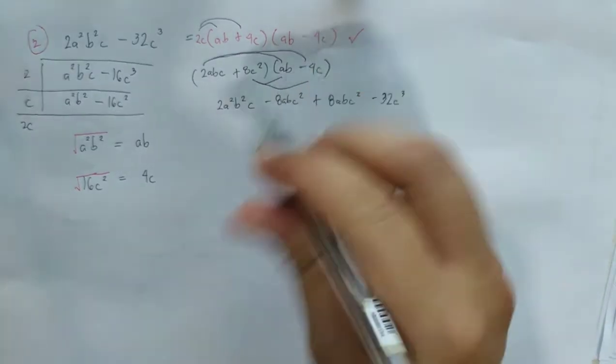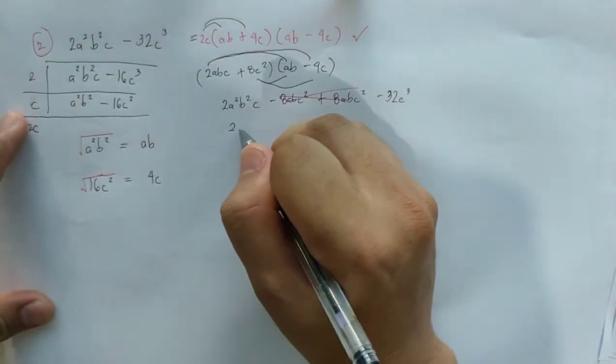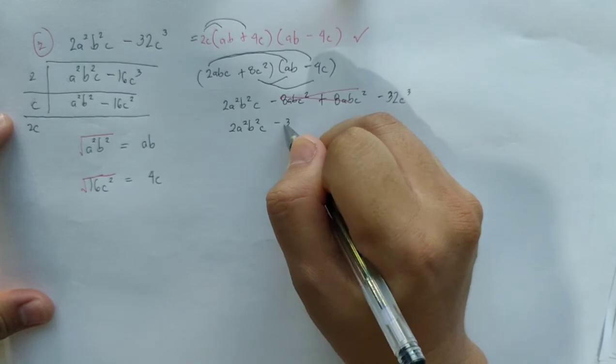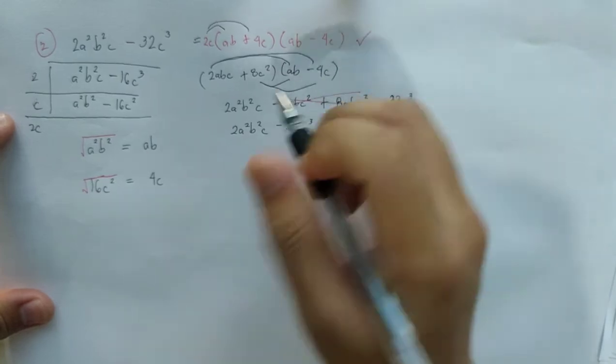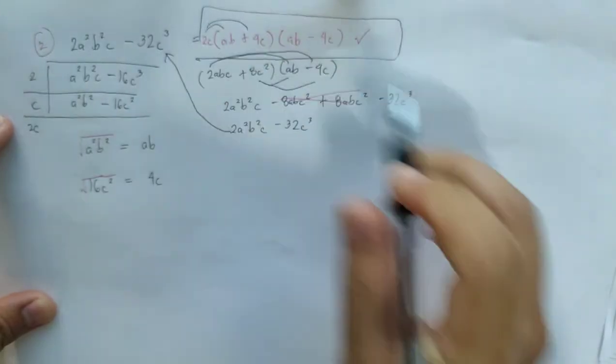Since parehas lang to, makakancel itong dalawa. Ang may iwan na lang ay yung 2a squared b squared c minus 32c cubed. Same na siya dito sa example natin. So, ito yung final answer.